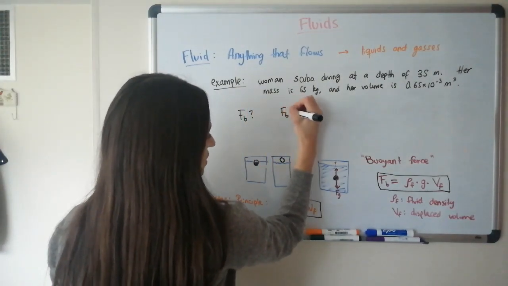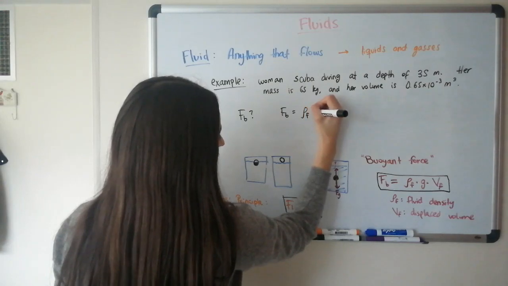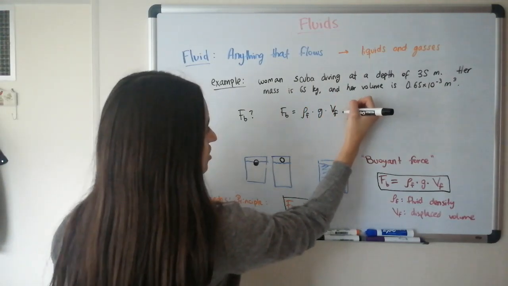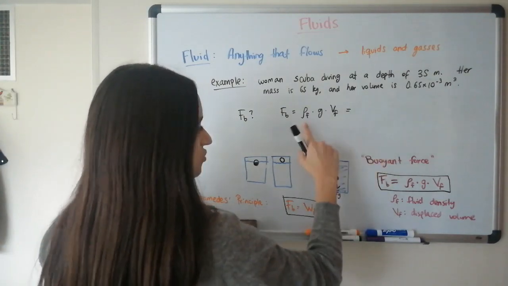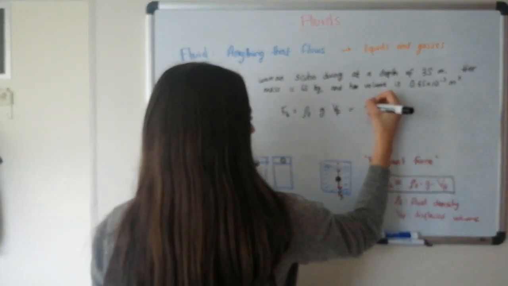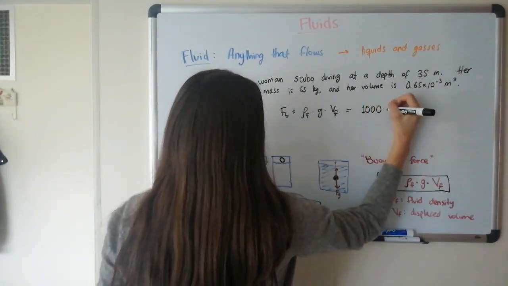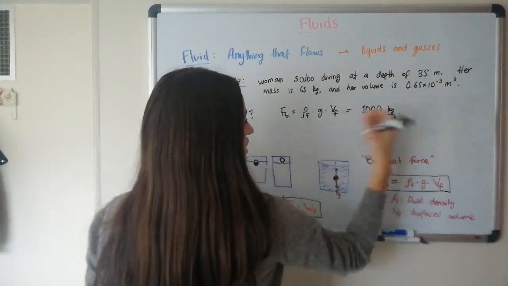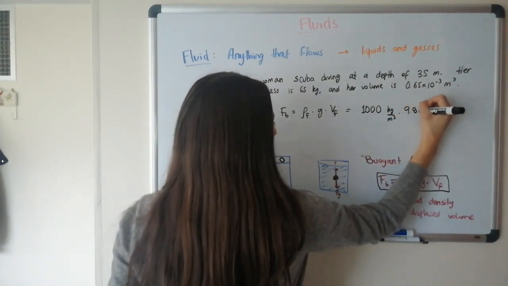So the buoyant force, we need to go back to our equation, is the density of fluid times 9.8 times the volume of fluid that she displaces. So in this case, the density of the fluid, since it's pure water, is again 1,000 kilograms per cubic meter. g is 9.8 meters per second squared.